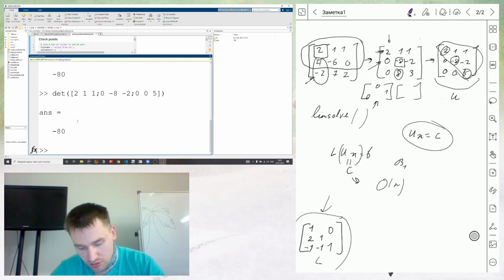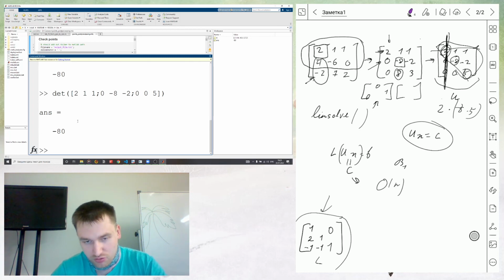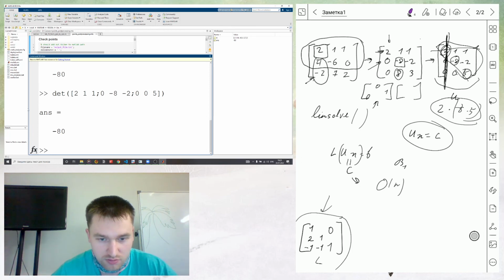For instance, when we take this one, we should take 2, multiply by minus 8 by 5. Minus 2 times 0 will be 0. That's it. It's just because of magic from math.